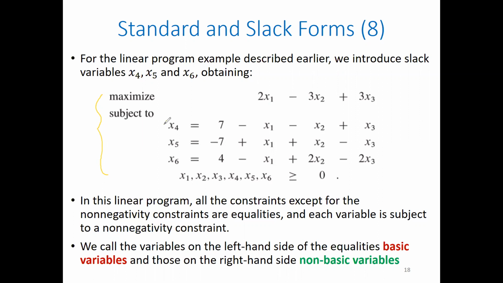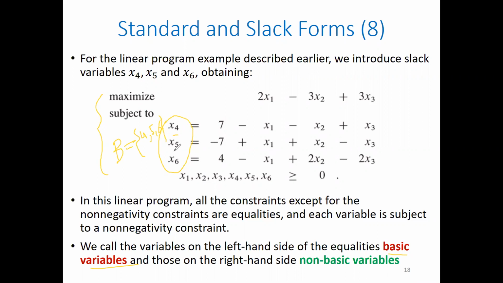Okay, now look at these variables. These new variables that we added, the slack variables, which are on the left-hand side of the equality sign, are known as the basic variables, okay? Slack variables or basic variables. So we have a set B, which has decision variables with indexes 4, 5, and 6.